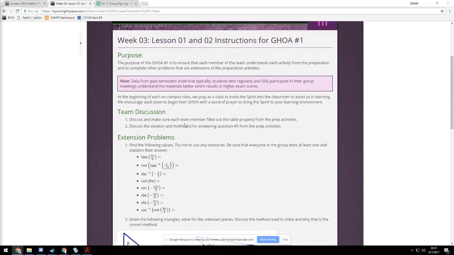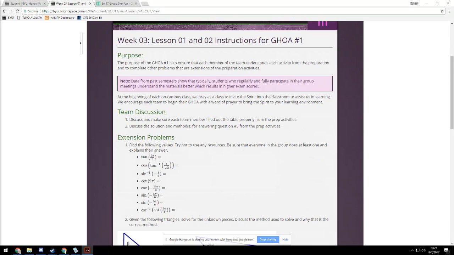So, I went through the prep, and again, it was interesting trying to remember what the domains were for the originals and being able to answer what the range would be. The inverse of sine, we were given that the domain is negative pi halves to pi halves, that makes the range negative pi halves to pi halves.